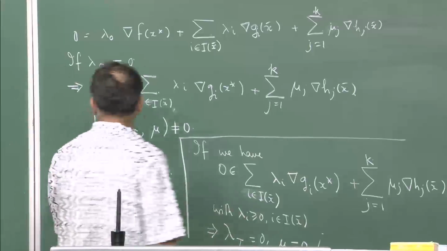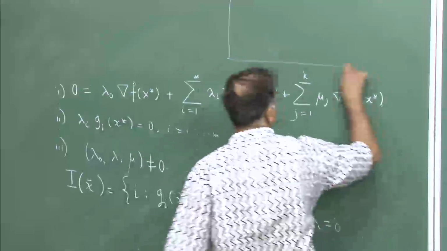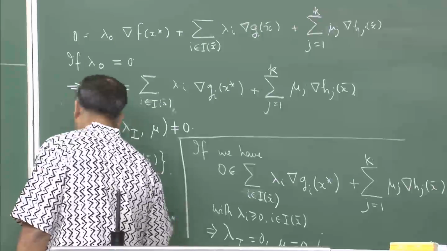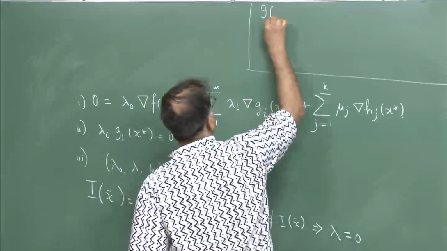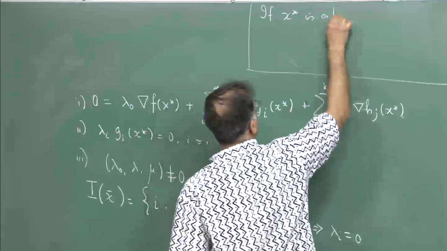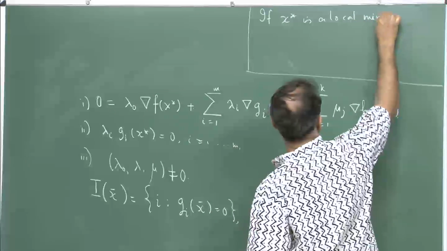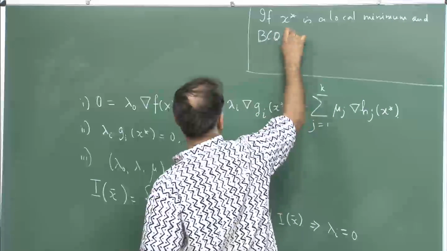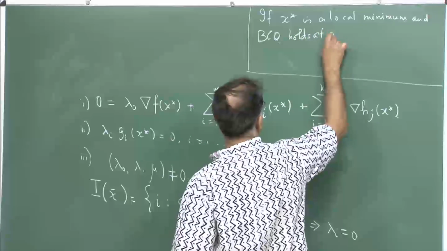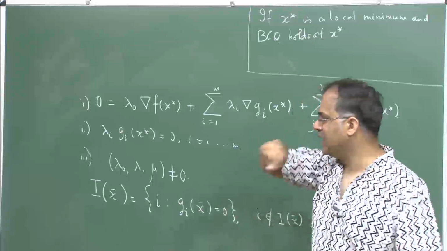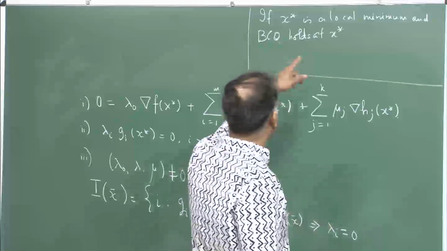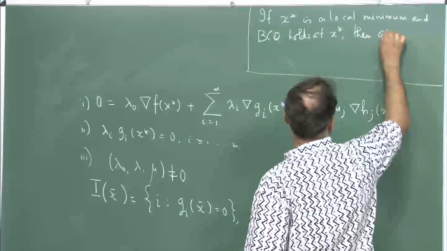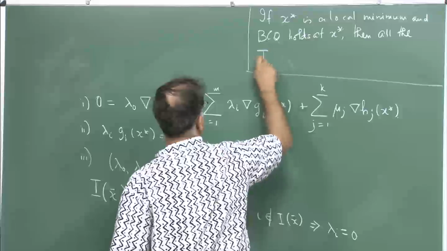So you can make up your own theorem which would say that the basic constraint qualification at the reference point x star, the local minima: if x star is a local minimum and BCQ, basic constraint qualification, holds at x star, then all the John multipliers are normal.